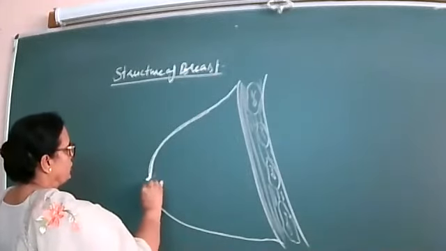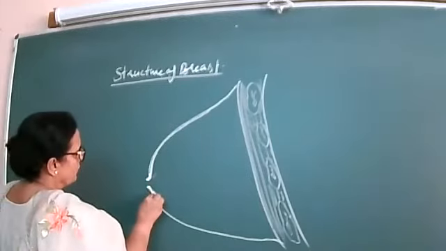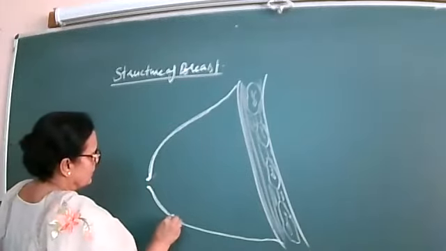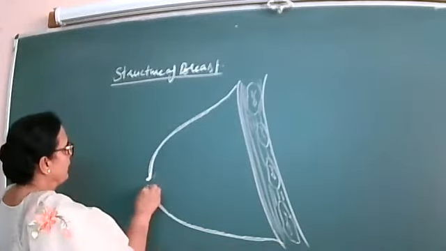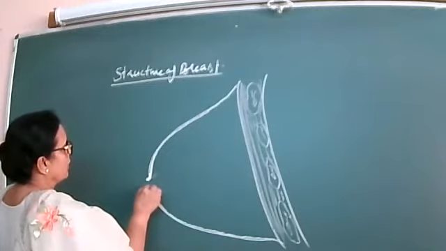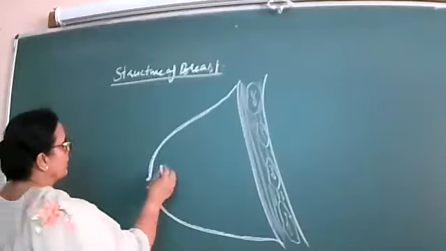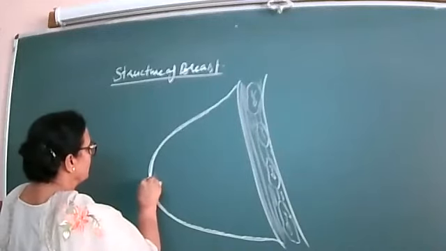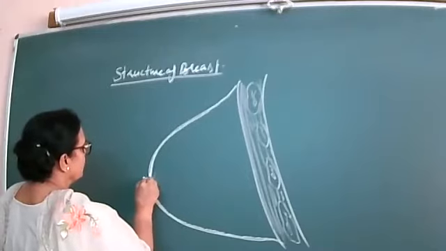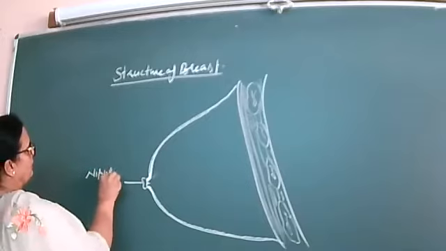Then there is a region in front, the front portion of this, representing the area through which the milk comes out when the babies have to suckle. This area is known as the nipple, right?